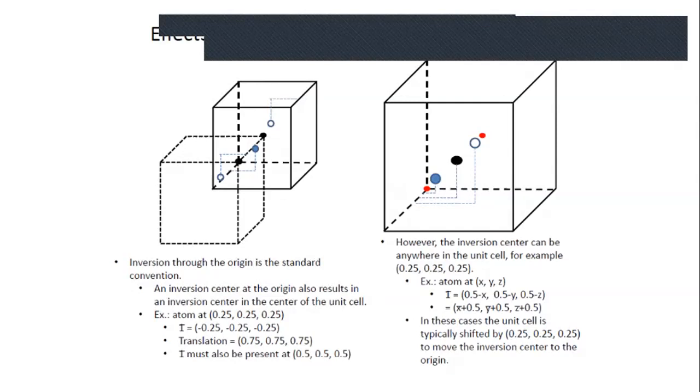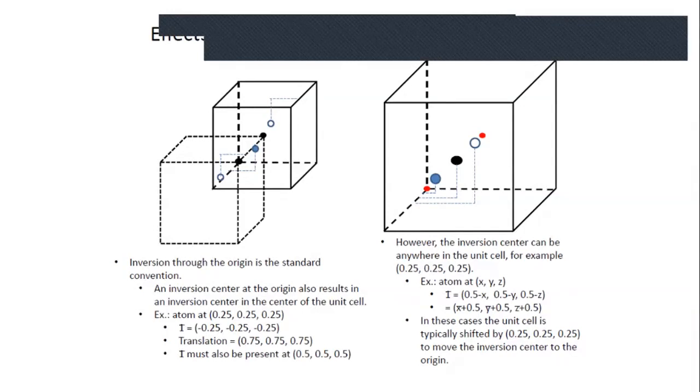So if we have an inversion center at a half minus x, a half minus y, a half minus z, that means we have an inversion center at 0.25, 0.25, 0.25. So the inversion center would be halfway between the two sets of coordinates. So 0.5 minus 0 divided by 2 gives you 0.25.